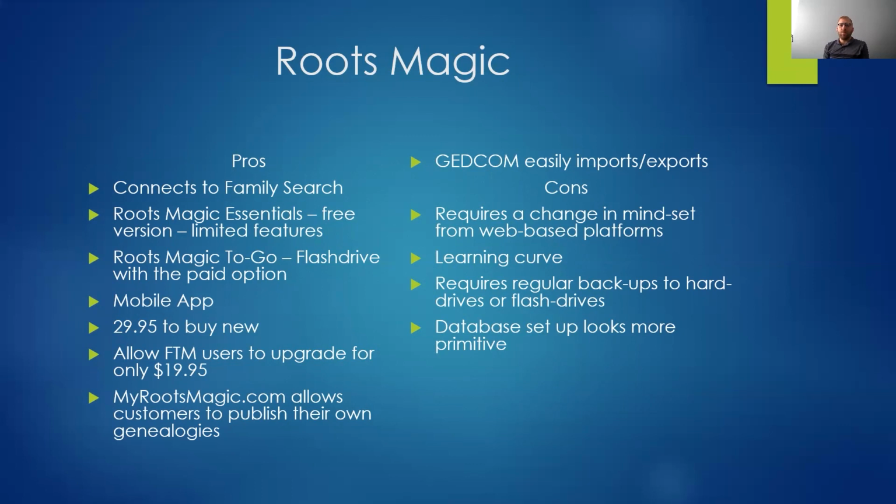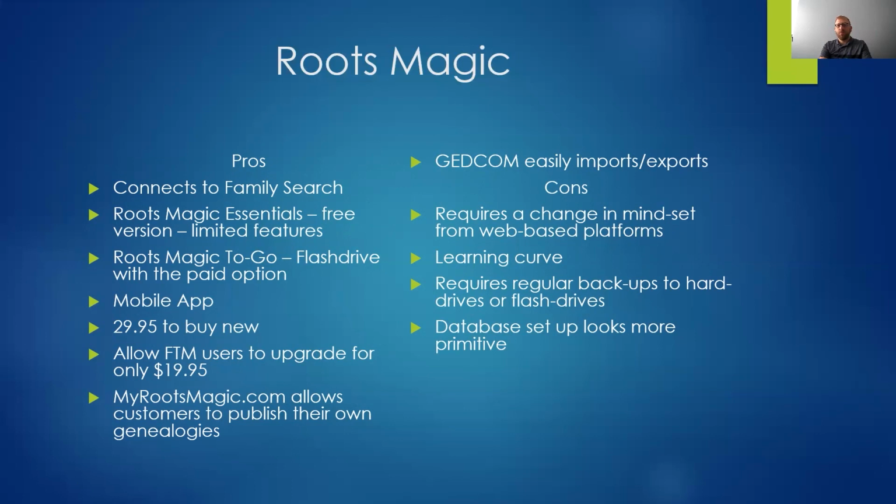You still have to back up RootsMagic. I don't know that it syncs to any kind of cloud-based platform, so that's definitely an advantage of FamilyTree Maker. And the overall appearance is a little bit more primitive. If you're used to something flashy like Ancestry, it's a bit of an adjustment. Overall though, I was pretty pleased with my experience so far with RootsMagic Essentials.